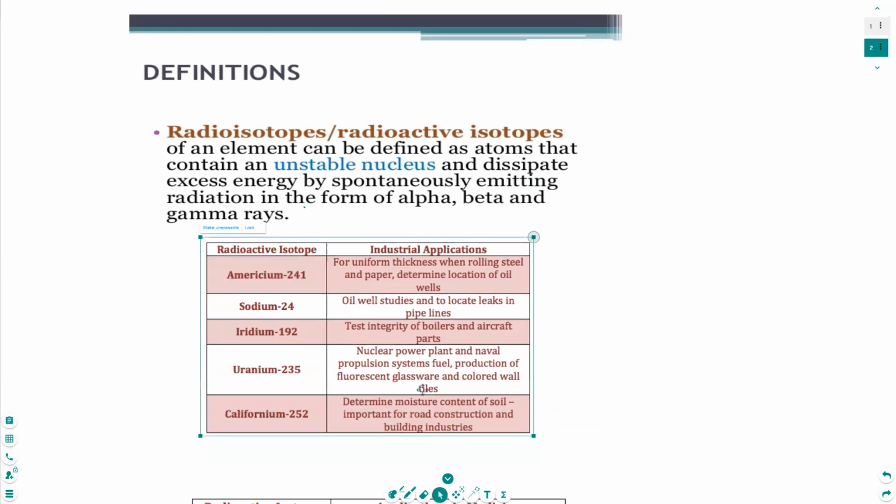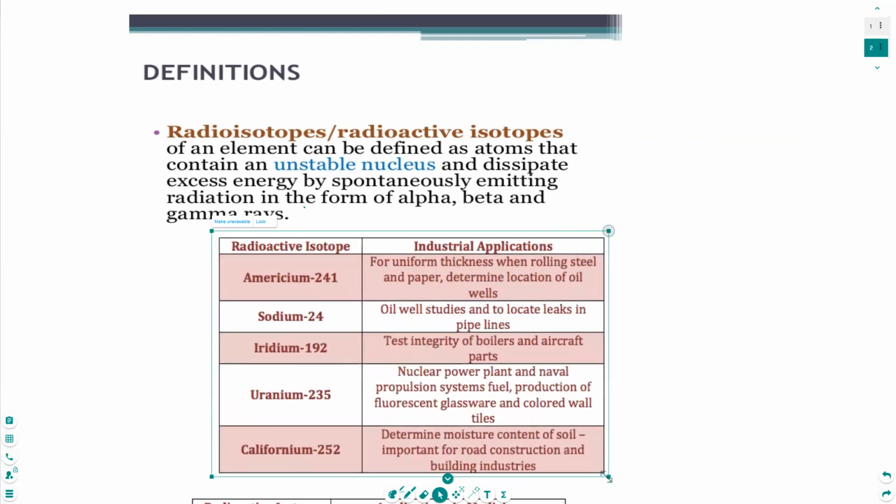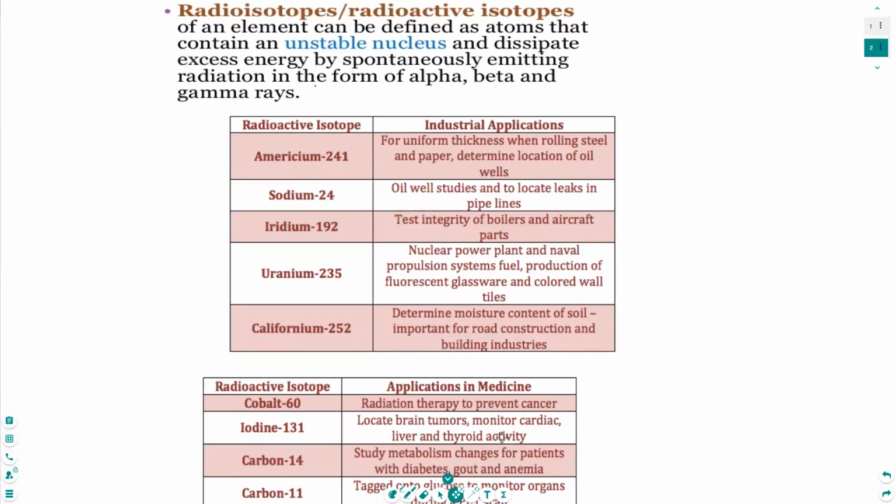Now, we have found uses for radioisotopes in various industries. For example, we have industrial applications of radioisotopes. We can use, for example, uranium-235, which is used in most nuclear power plants. It's used for naval propulsion systems, for example, to power submarines, right?